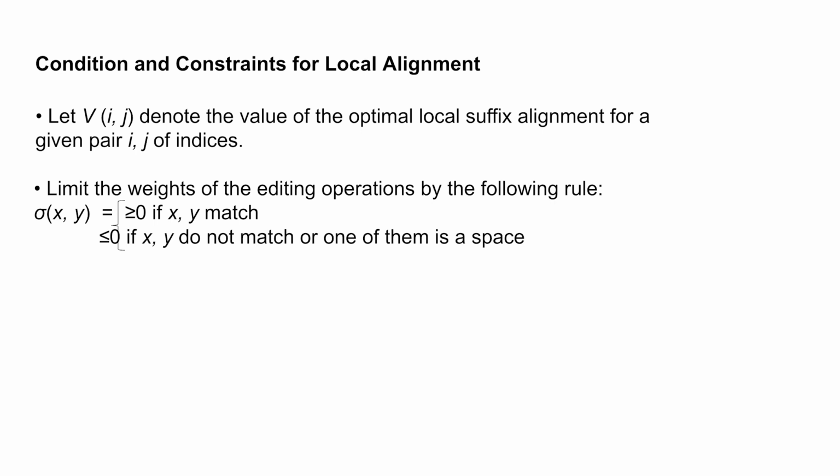It means one cannot take a negative value when the characters match, whereas in the global alignment one can take a value even less than 0, but not in the case of local alignment.